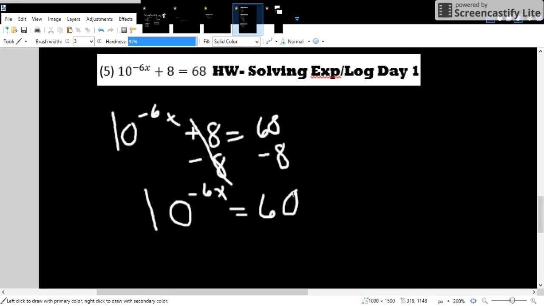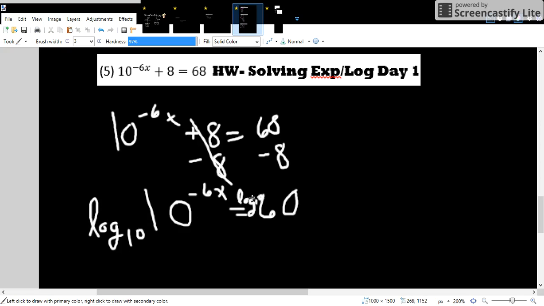Oh, but we still do not have the same base. When that happens, we're going to get rid of one of the bases first. Let's get rid of this one, since this is the one with an x. So we're going to log 10 both sides.